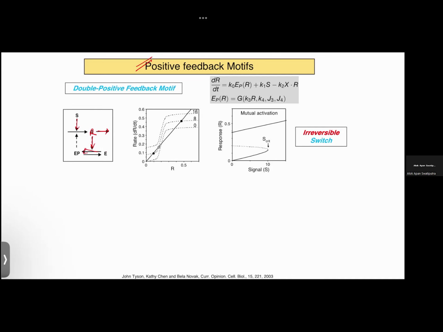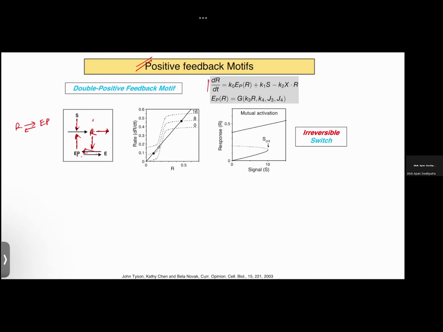And that phosphorylated form also helps in the synthesis of R. Possible, right? So essentially, the basic motif is something like this, right? R enhances the production of EP, and EP enhances the production of R. So it's a double positive feedback.